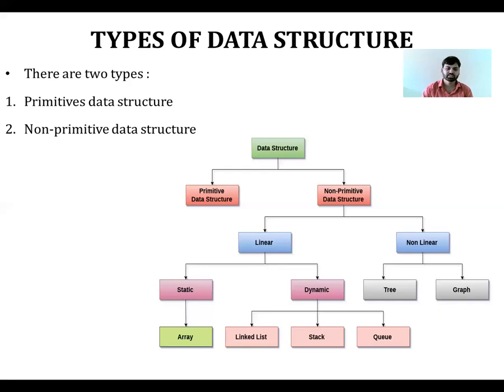In static, the size of the data structure is fixed, and in dynamic, the size can vary while performing the operations, or at runtime. What is an example of a static data structure? That is the array. In an array, we have to define the size at the time of declaration, therefore the size of the array is fixed.